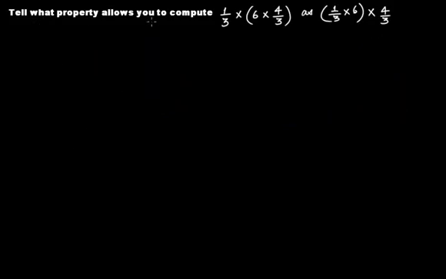Tell what property allows you to compute 1 by 3 multiplied by 6 multiplied by 4 over 3 as 1 by 3 multiplied by 6 multiplied by 4 over 3. Now, in this example, you can clearly see that in the first one, if you assume that this is A, this is B, and this is C, it is A times B times C. It is A multiplied by B multiplied by C, right?